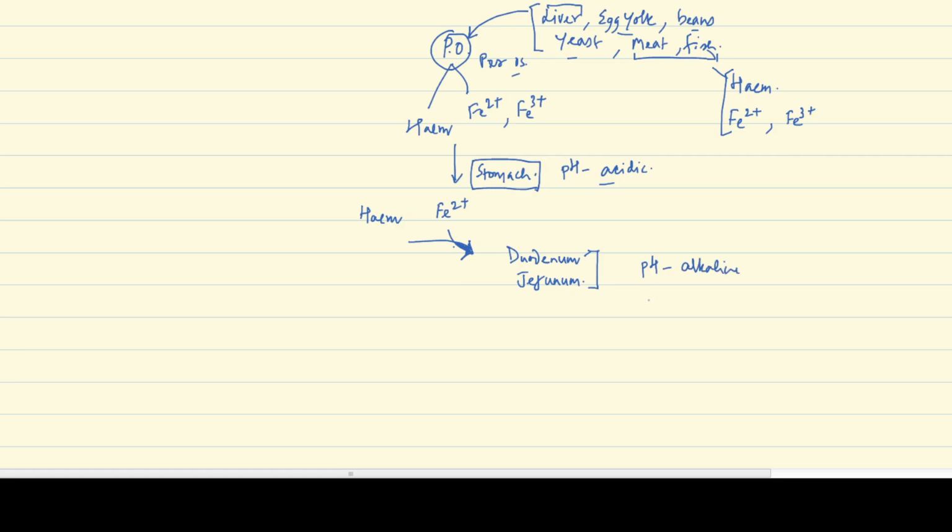Because you've got all the secretions coming from the hepatopancreatic duct, which has bile salts and stuff, which makes the acidic contents which come from the stomach converted into an alkaline environment. What that does is the heme remains as such, and the ferrous form gets converted into the ferric form.